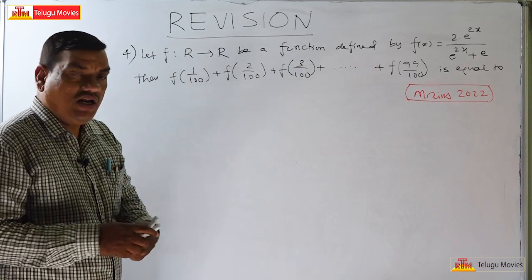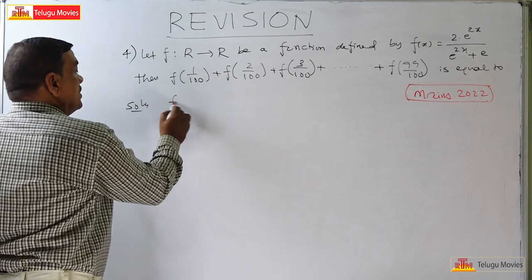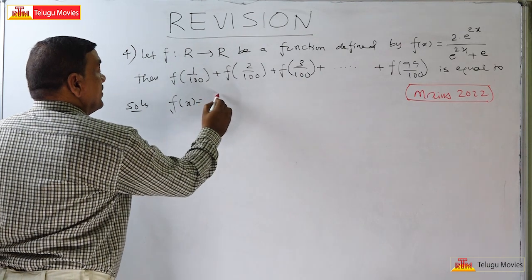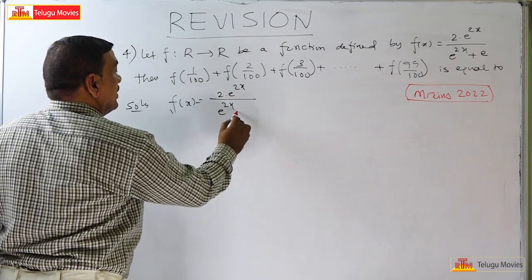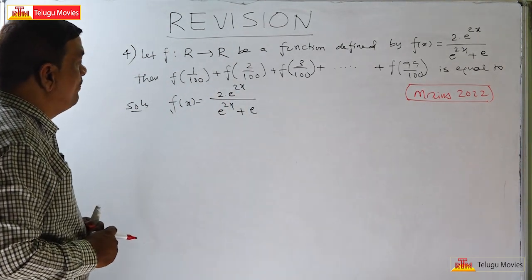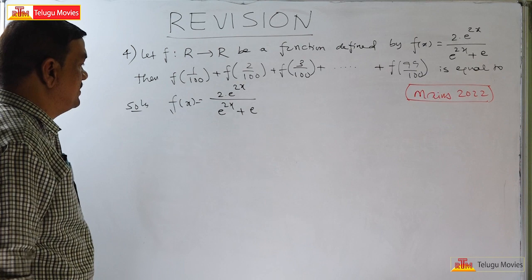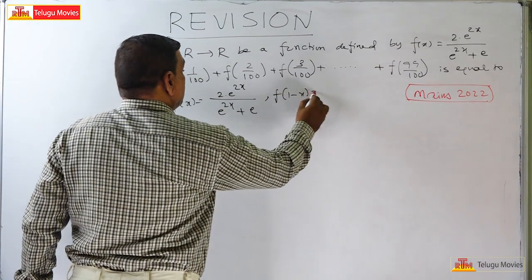Okay now, how to proceed with this problem? Let us see here. Solution. It is given that f of x is equal to 2 into e power 2x by e power 2x plus e. Understand? It is better to find f of 1 minus x also.